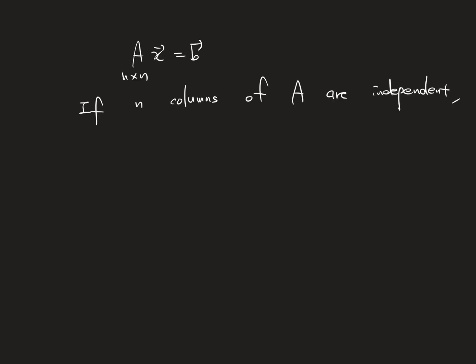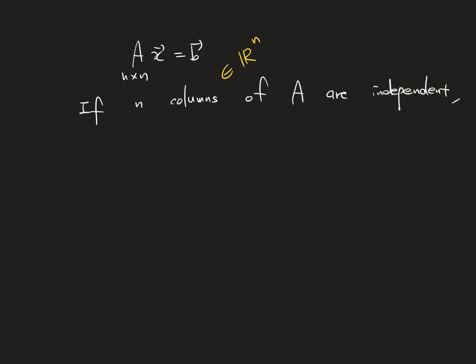In this equation, a matrix is n by n, and if n columns of A are independent, so A is n by n, and n column vectors will be elements of Rn, a vector space, but we find that they're linearly independent.